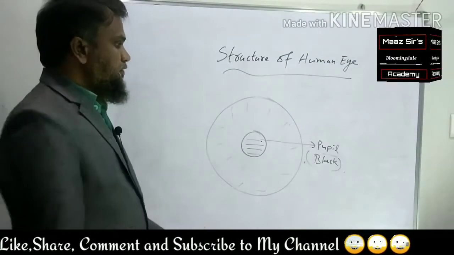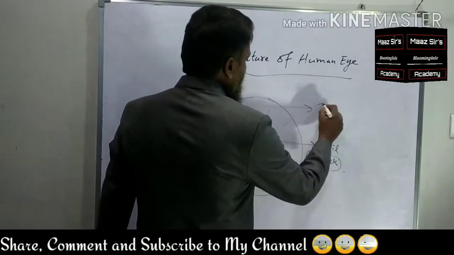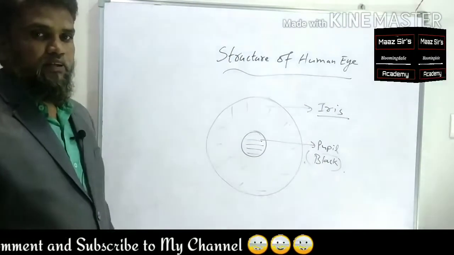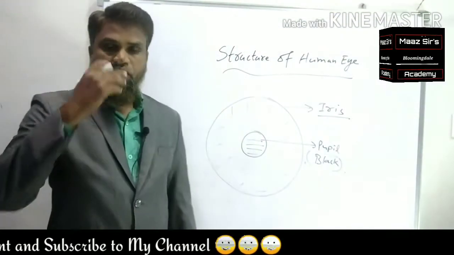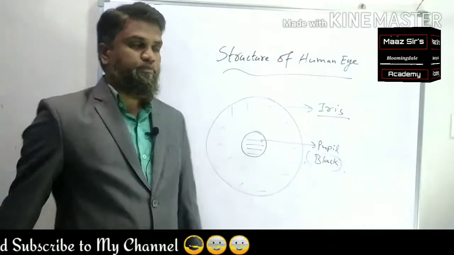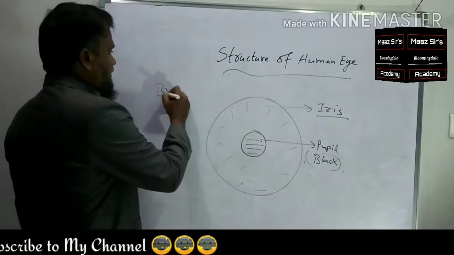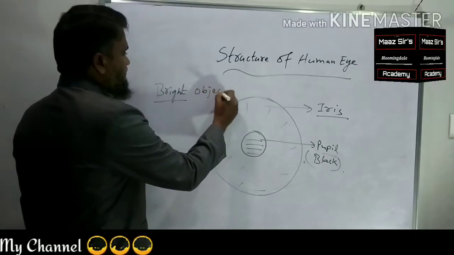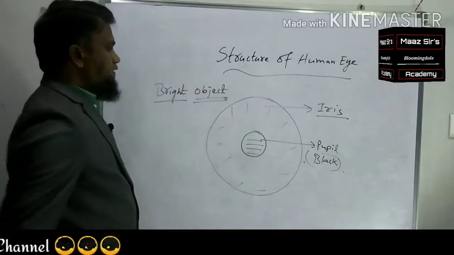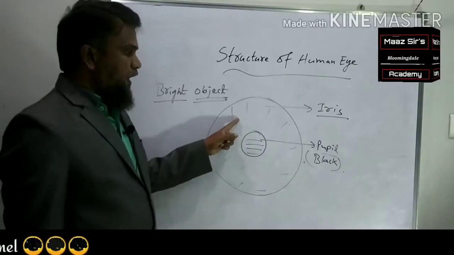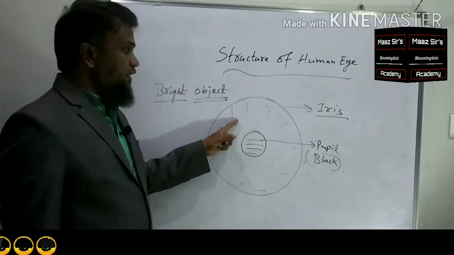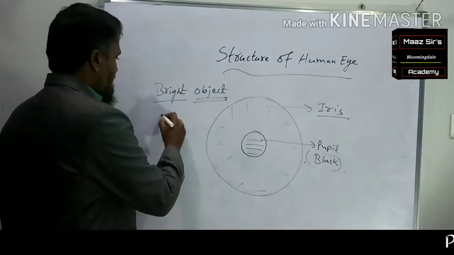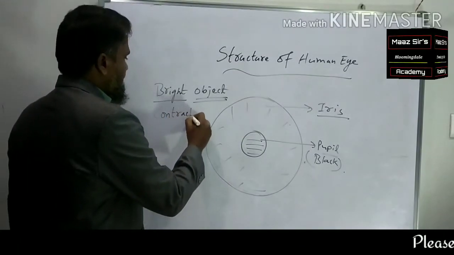And next, coming on to the iris. What is the role of the iris? For example, when you are seeing a bright object, what happens? This iris contracts.